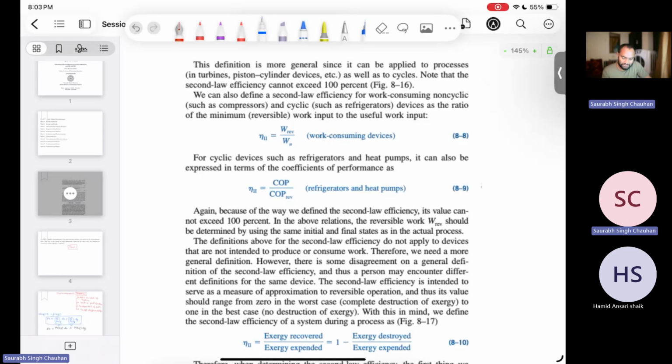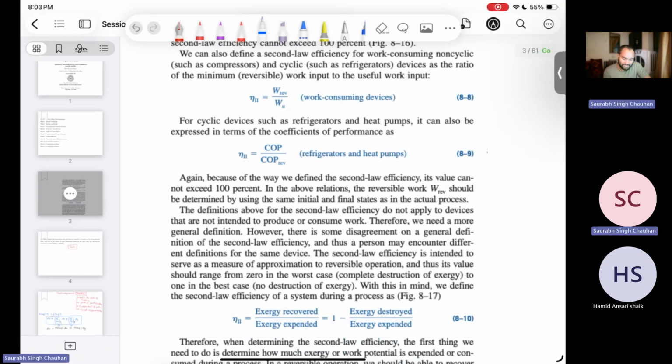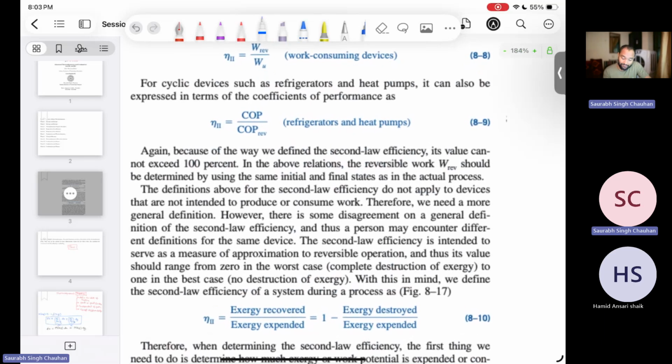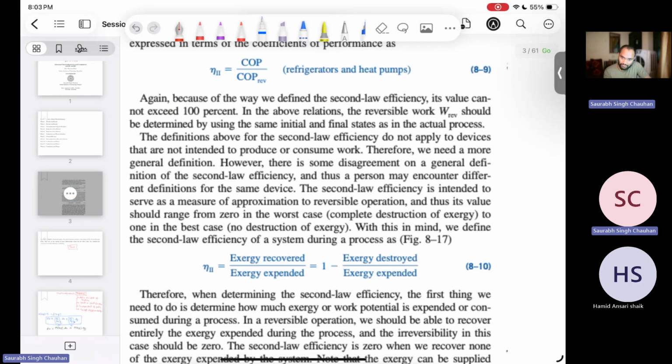It was about efficiency only. So in the lecture, it was derived explicitly for heat transfer type of devices without any work effort. But it is very important to note what definition we are using. Okay, I will just read one line and we can do it in the next session if required.